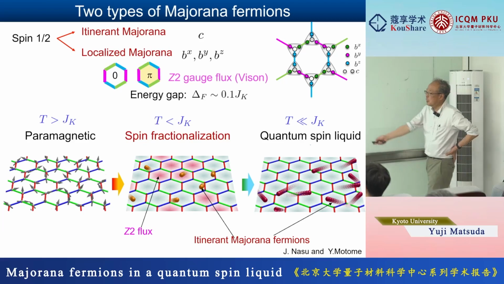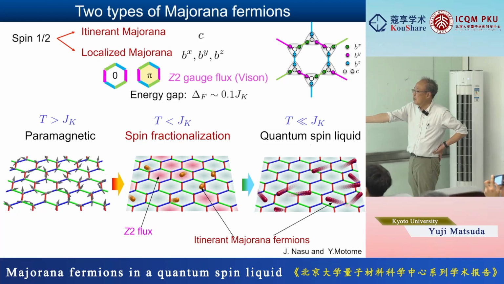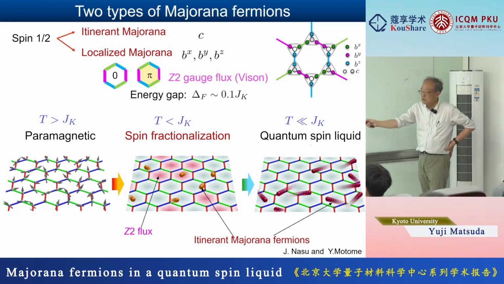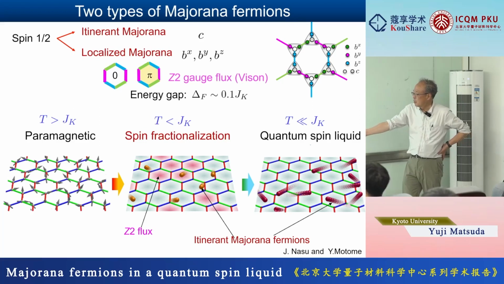At high temperature, the system is in a paramagnetic regime. And below the Kitaev interaction scale, spin fractionalization occurs, and the spins are fractionalized into itinerant Majorana and Z2 flux, like this.